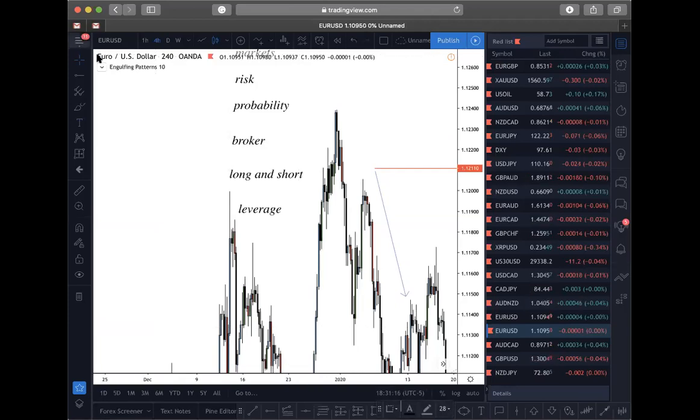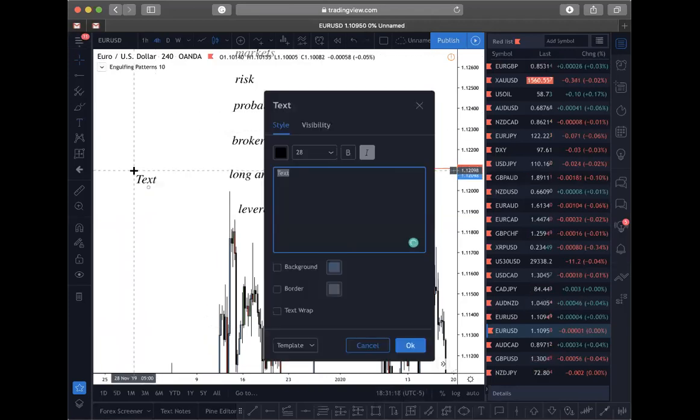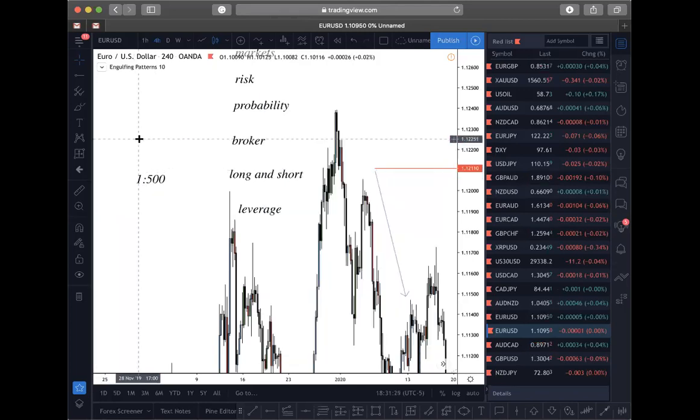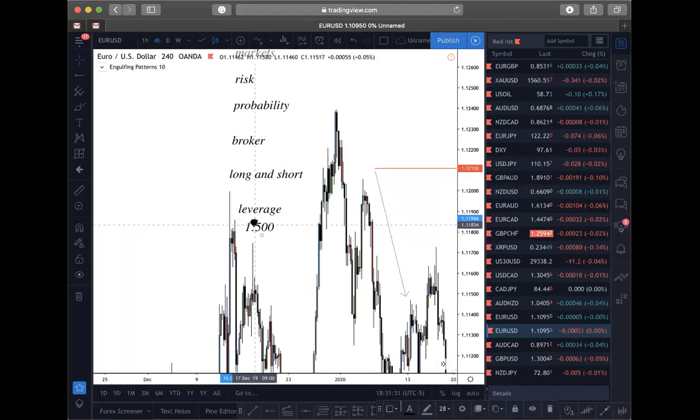So usually when you sign up to a broker, they would ask you what leverage you want, and you would say 1 to 500, for example. This simply means that whatever money you put in your account, you have 500 times that amount to use, right?